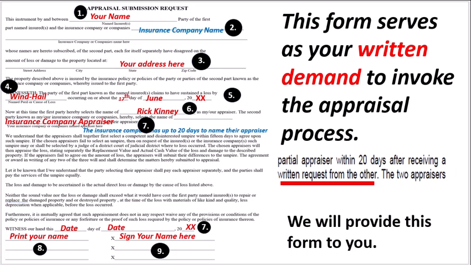If wind was the peril that caused damage, fire, smoke, lightning, whatever, and then the date, the month, and the year. You would name your appraiser. For example, here, Rick Kinney, and then the insurance company would name their appraiser on line 7. Their appraiser would go there, and then Rick Kinney and their appraiser would need to agree on an umpire within 15 days of getting this notice that we were named as appraisers.